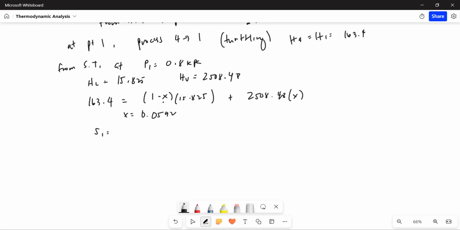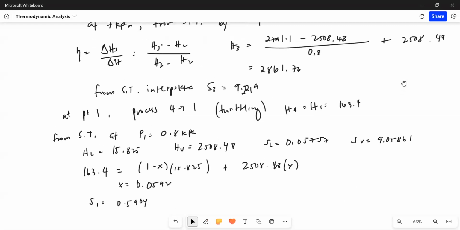We know from the steam table, SL is 0.05757 and SV is 9.05861. Solving for S1 using the quality, I just substitute the values. S1 is 0.5904. So just substitute the SV and SL into this equation and we know x.